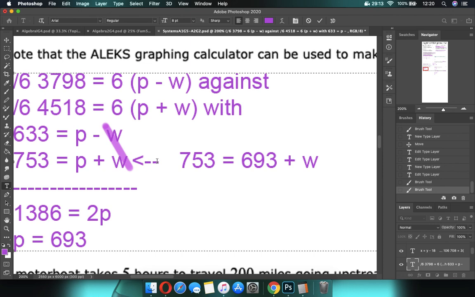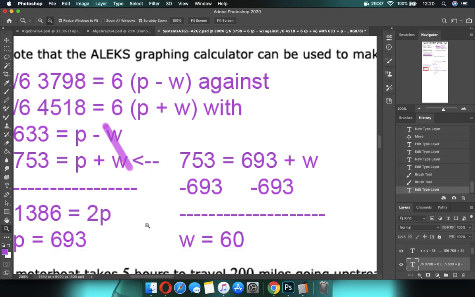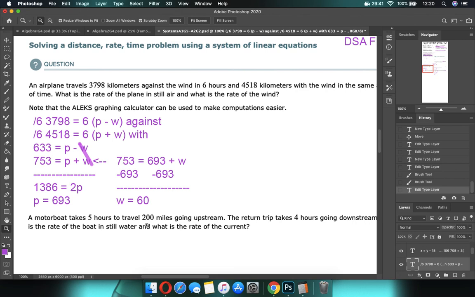So we're going to subtract our 693 and our 693 in order to get, you can tell I'm getting lost in the math here for a second, in order to get W equals what? 60 miles per hour. And for wind, that makes sense, right? Your plane is going to be going pretty fast, and then your wind is going to be going significantly slower.